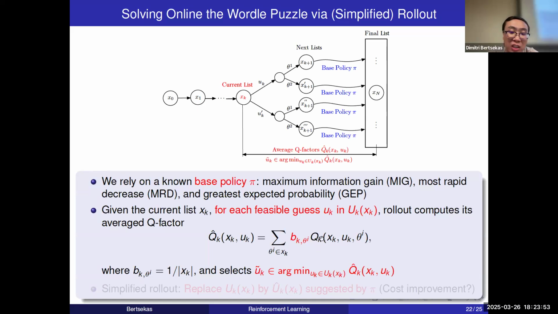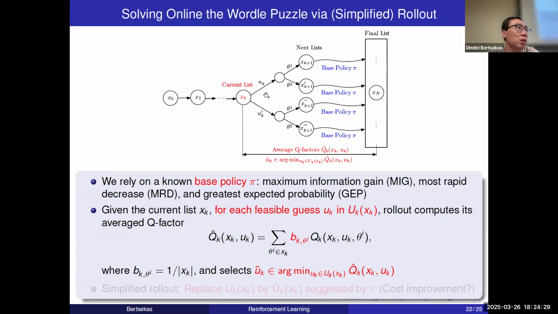In more challenging situations, suppose the distribution is not uniform, then this needs to be estimated using some other formulas. But in either case, calculating this estimated average Q factor can be done quite conveniently compared with the DP calculation, of course. But here, the branching factor can be way too large.